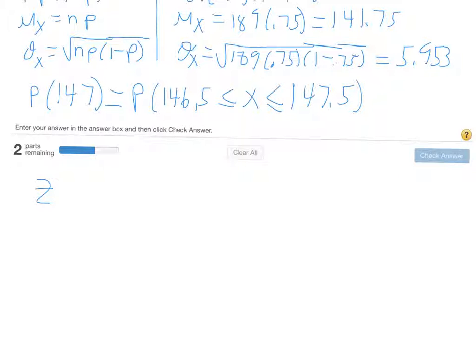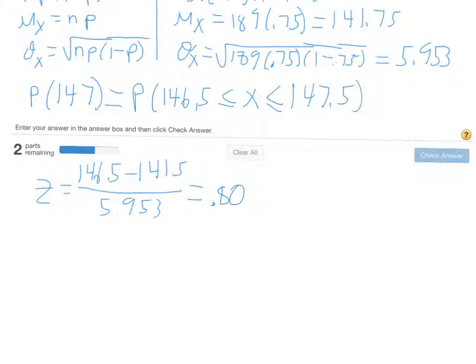The z-score would be 146.5 minus the mean over the standard deviation. I'm getting these numbers right here, and I calculate it and round the z-score to two places, and that'd be 0.80.